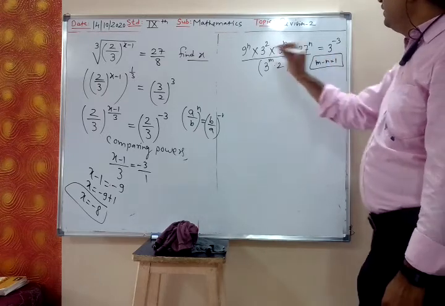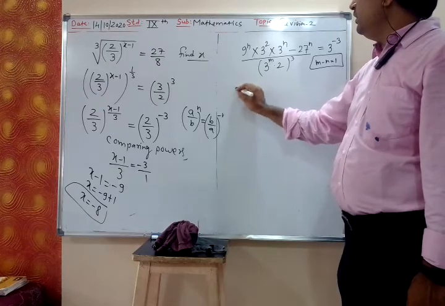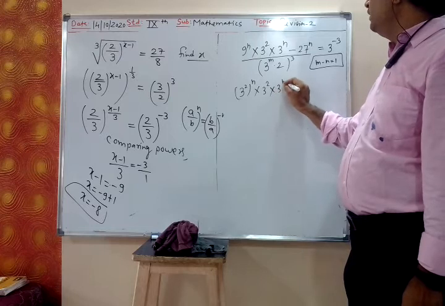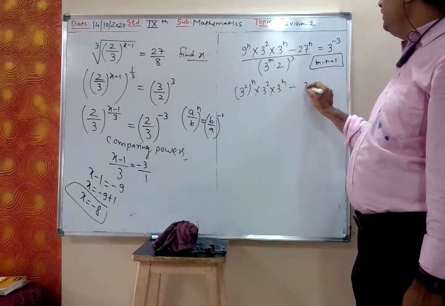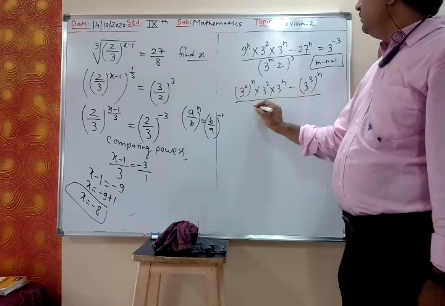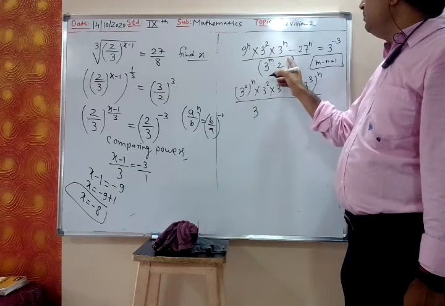Okay. Now see here. 9 raised to n, I can write as 3 raised to 2 raised to n, into 3 raised to 2, into 3 raised to n, minus 27, I can write 3 raised to 3 raised to n upon 3 raised to m, raised to 3. Power raised to power, multiply the power.